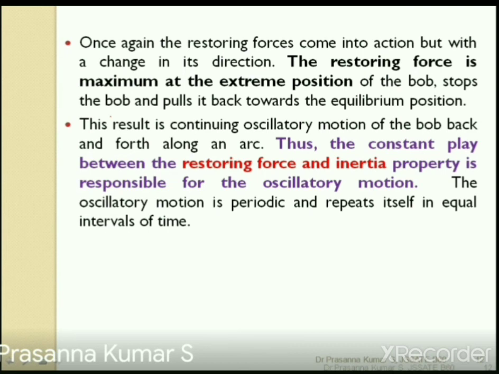So, in order to satisfy the conservation of energy, the bob keeps oscillating continuously without being damped. If there is a damping medium surrounding the oscillating particle, you cannot expect the bob to oscillate indefinitely.